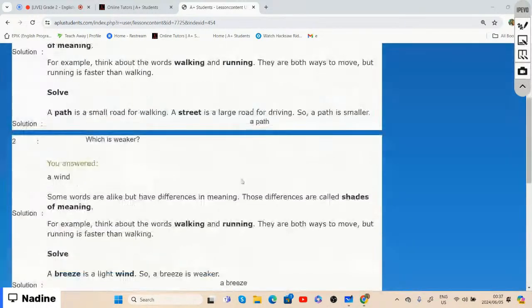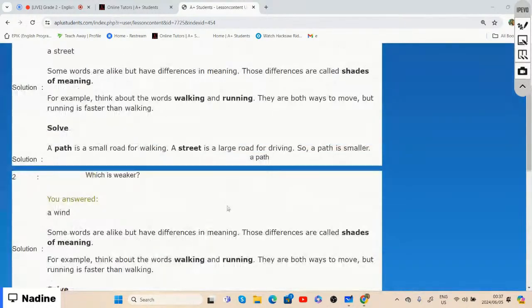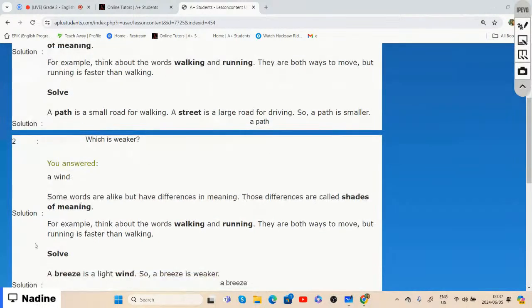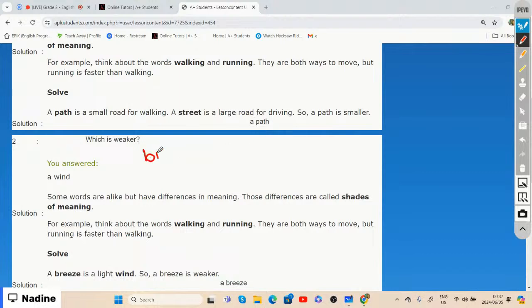All right, so which one is weaker? A breeze when you're walking outside or a wind? We need to say which one is weaker. Is it a breeze when you're walking outside or is wind weaker?